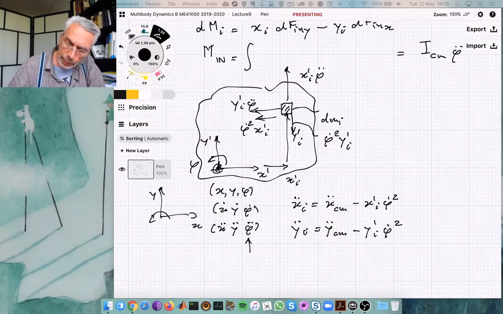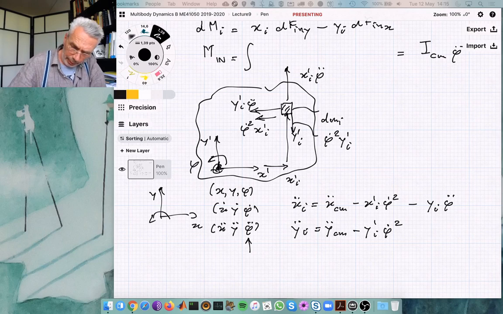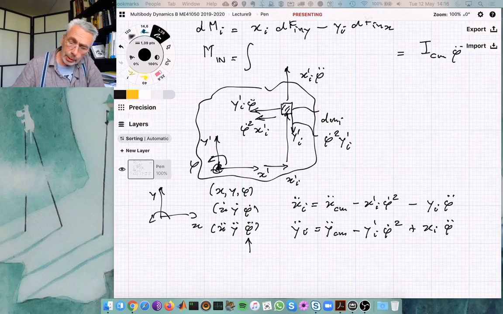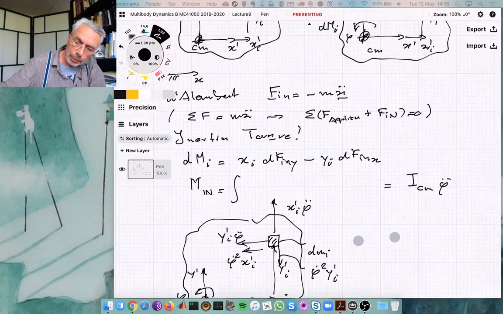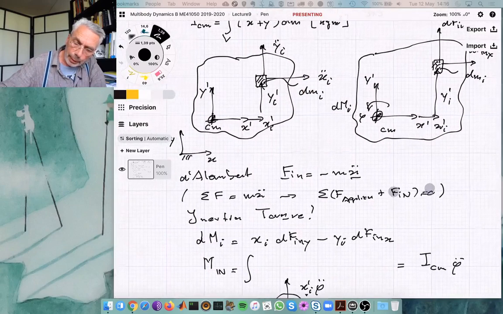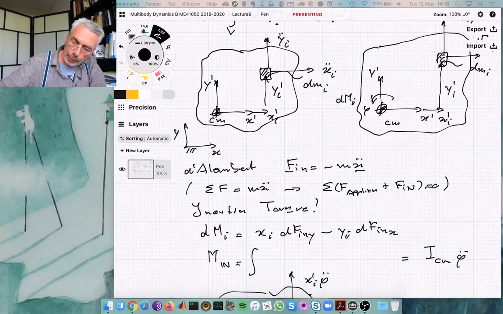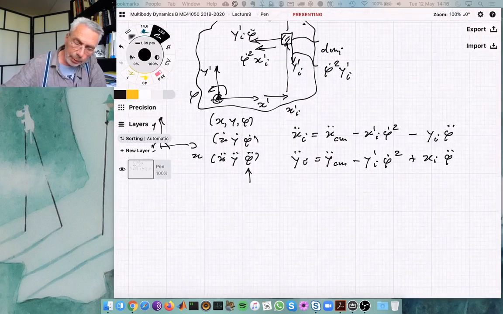So in the x direction we get a negative contribution, minus y i phi double dot, and in the y direction we have a positive one, x i phi double dot. Okay, so putting these accelerations into our equation for the inertia forces, and then multiplying with the different distances, we finally find our torque.